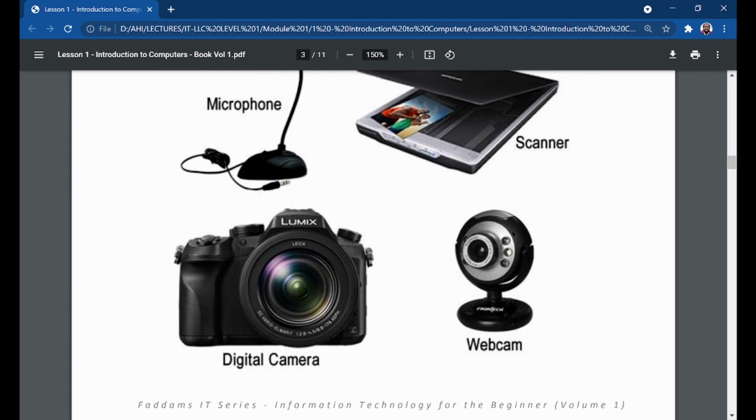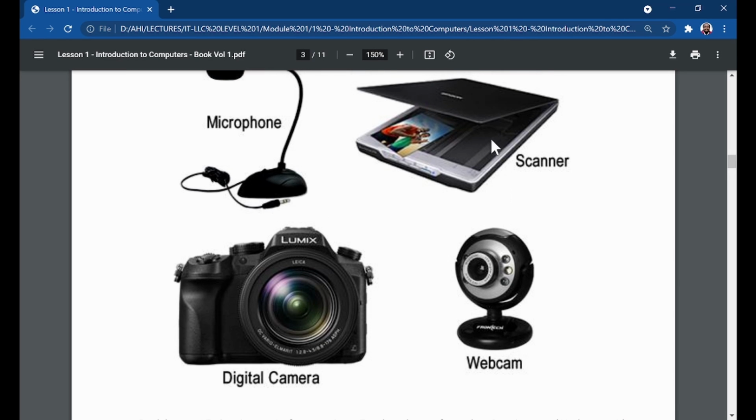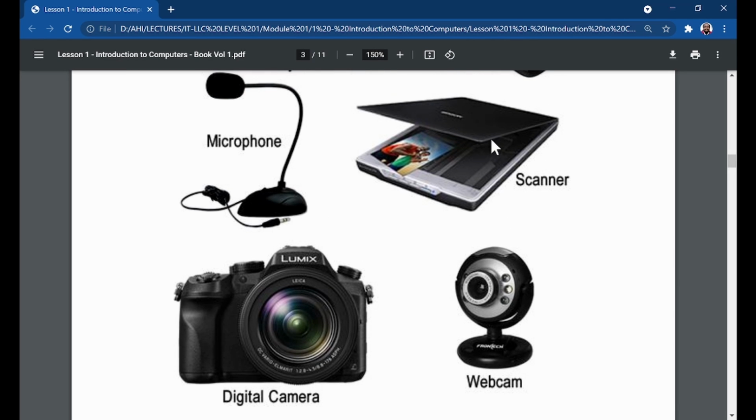Then we also have what we call a digital camera. We all know what a digital camera is. And a standalone webcam. You know what a webcam is? Most people don't know what a webcam is, just as most people have forgotten what scanners are. A few years ago, these were very popular gadgets or devices. But because today we don't use them much, like these scanners, now they are attached to several printers.